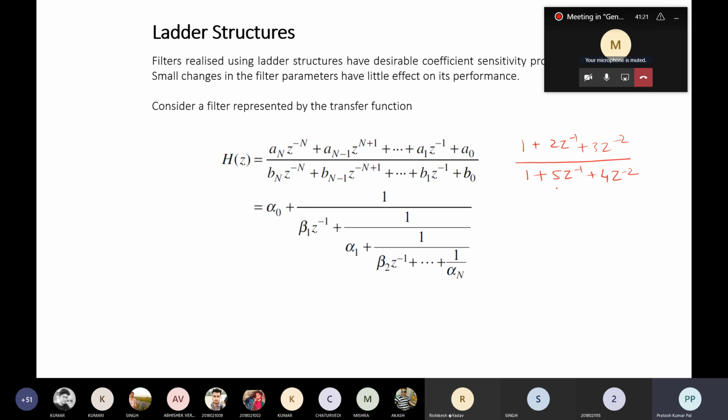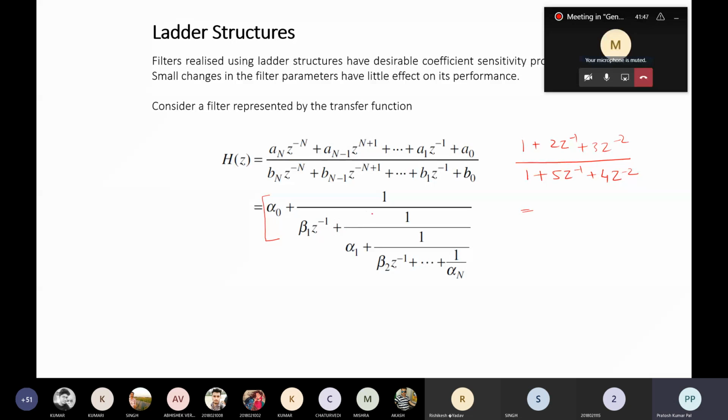So what we do is divide this numerator by this denominator. Whatever coefficients come out will be in terms of a constant, and then 1 by this form. Similarly, we will keep on breaking. These two terms are like alpha naught plus 1 by beta 1 z to the power -1 form.